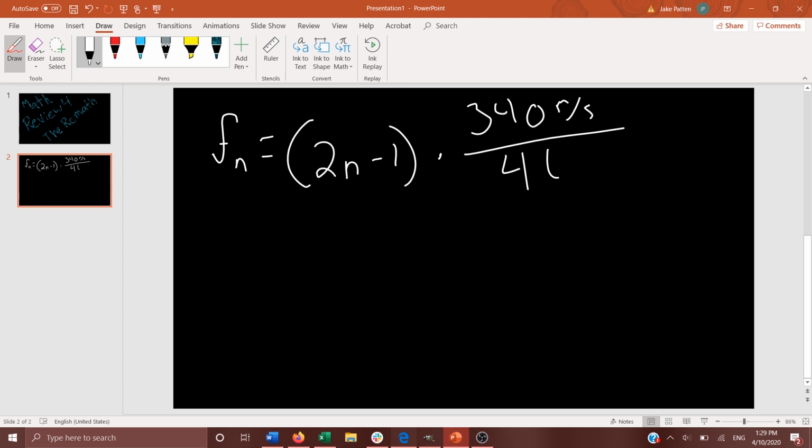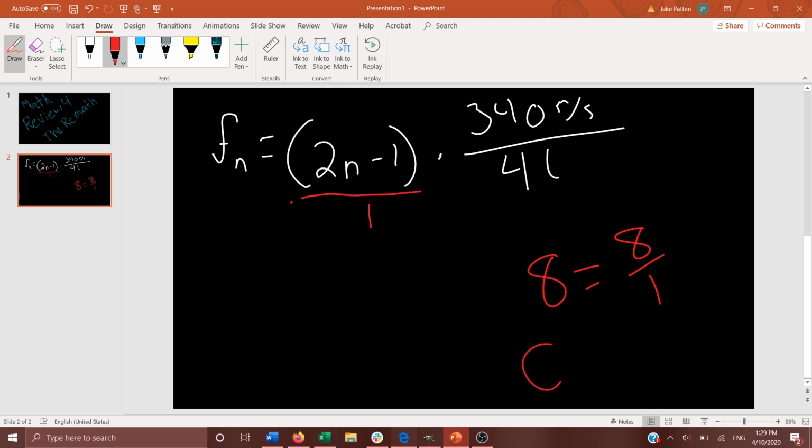So what we're going to do is we're going to very slightly rewrite this formula. So you know that, let me choose red. So when you have 2 times n minus 1, this is implied that this is over 1, right? Anything over 1 is itself. So you can always rewrite 8 as 8 over 1.